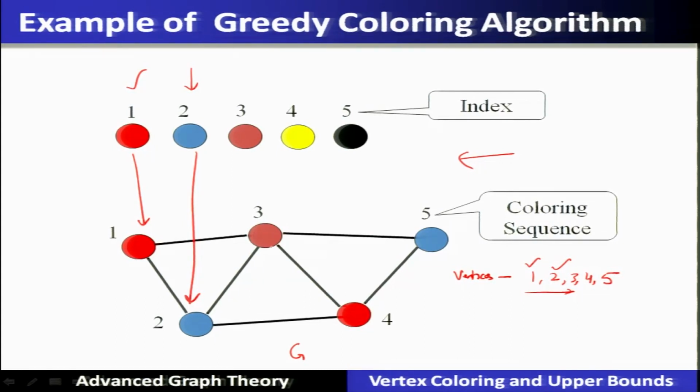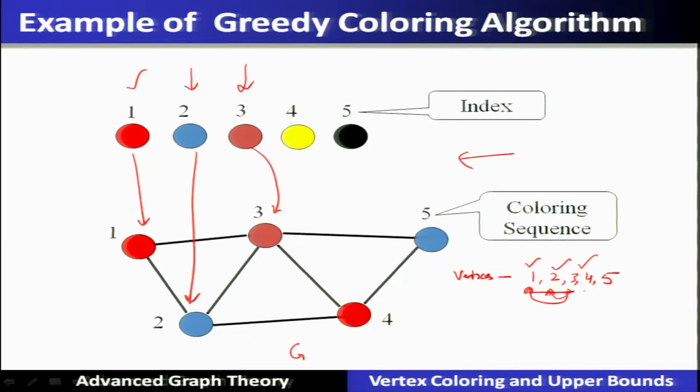Similarly, the vertex number 3 in that order. Now, vertex number 3 is neighbor to 1 and 2, and the colors 1 and 2 are already used. So, the smallest color index which is not used by the neighbor of 3 is 3 itself. So, 3 will be colored to this particular vertex.